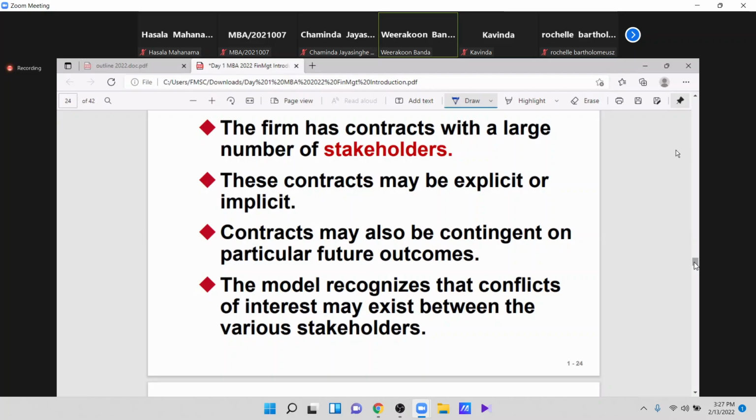The model recognizes that conflict of interest may exist between the various stakeholders. So for that reason, you have to understand that between different parties there are different contingent claims, contingent behavior. The company owners may act on behalf of their benefits. Sometimes they think the company's purpose is to maximize the value of the company. But the managers, how do they realize their role?